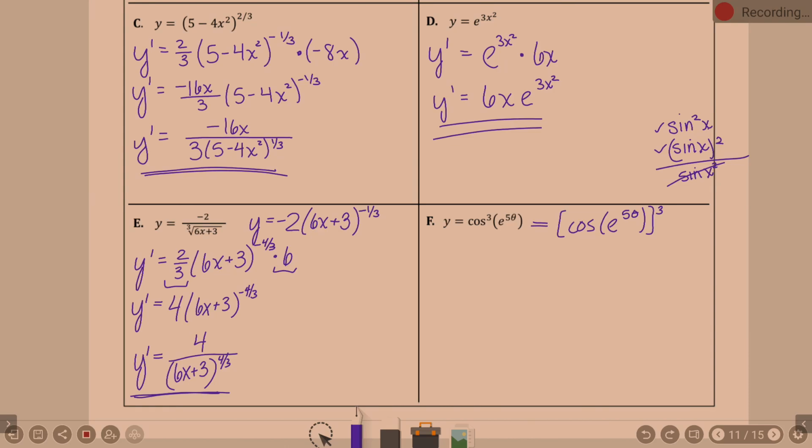So what is our most outside function? Something to the 3rd. So how do we do the derivative of something to the 3rd? Move the 3 out front. And then it's going to be times, you keep the inside the same, cosine of e to the 5 theta, and the cosine is raised to the 2nd.